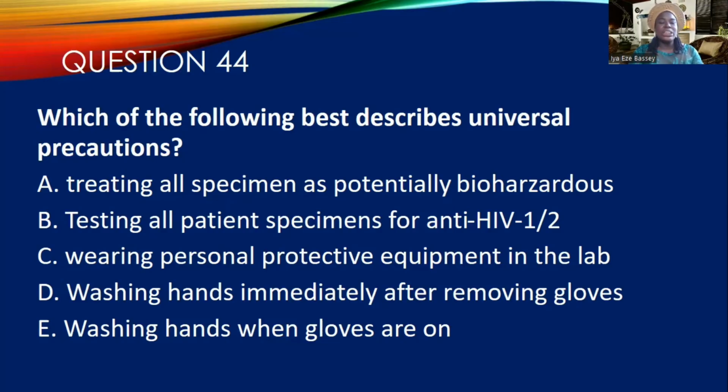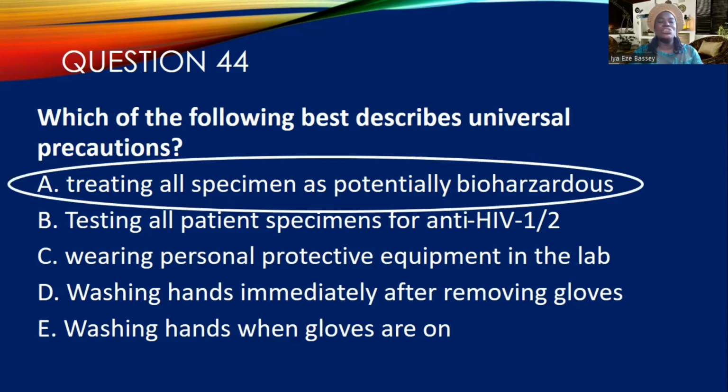D, washing hands immediately after removing gloves. E, washing your hands even when your gloves are on. So what is the correct answer? The best universal precaution is to treat all specimens as potentially hazardous. You know why I was laughing at B? That would be quite expensive because the HIV kits are expensive.